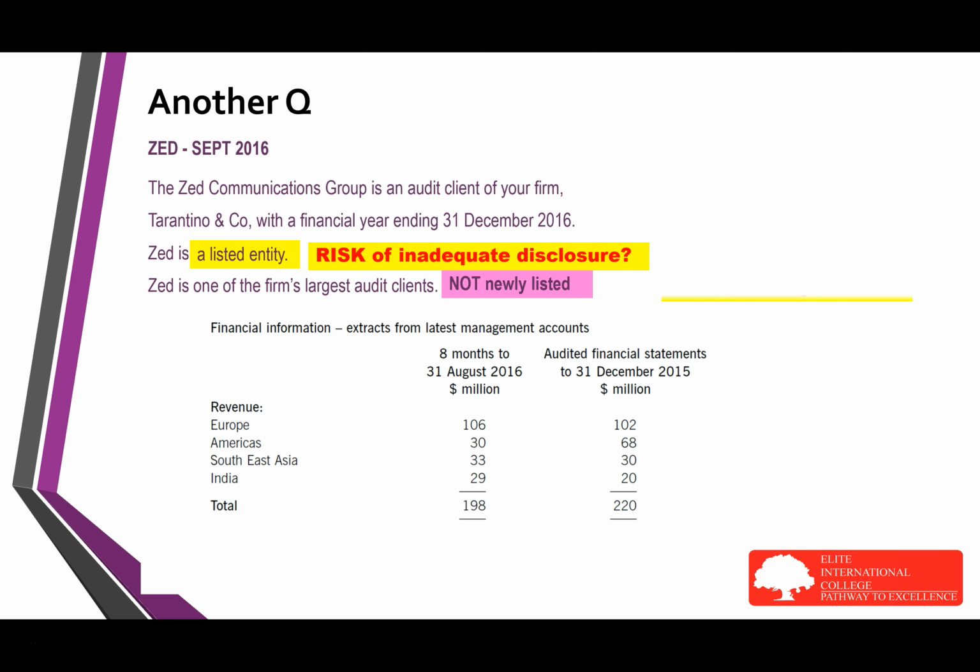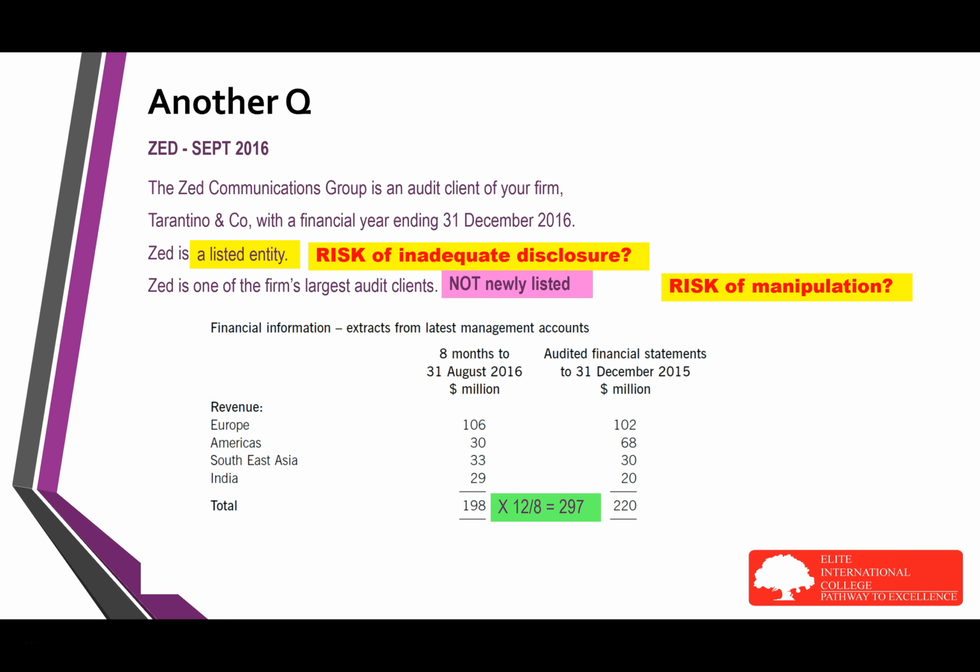Is there a risk of manipulation? Well, let's study the results in the question. You have been given information regarding the revenue. Last year is 12 months figures and this year is 8 months. So we will have to gross up the revenue to 12 months. And 198 million grossed up to 12 months comes up to 297 million.